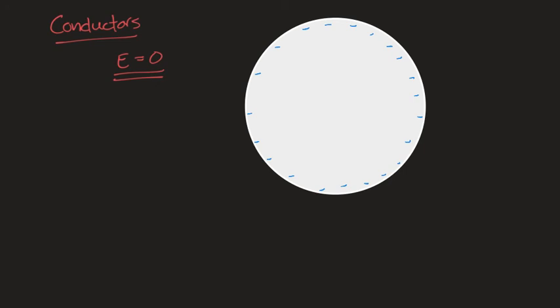But because like charges repel, these electrons all move to the outer edge of your material. Now, with a circle, that will mean that they're all evenly spaced. If we're talking about a square or something with a corner, you'll get areas of higher concentration of these electrons and areas of lower concentration.